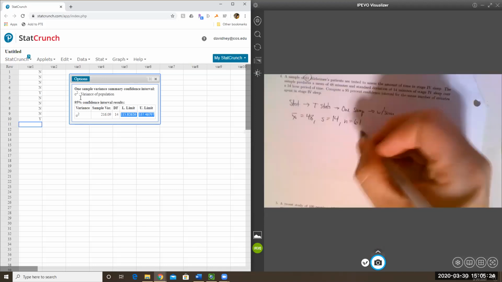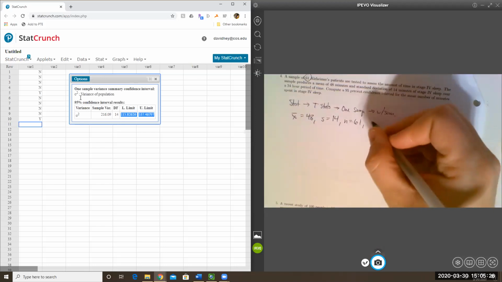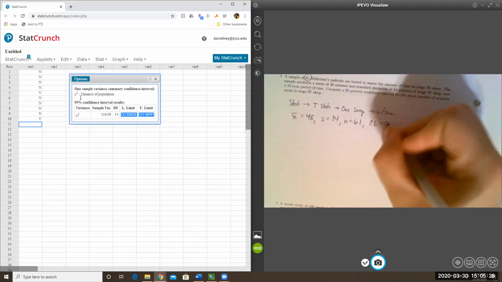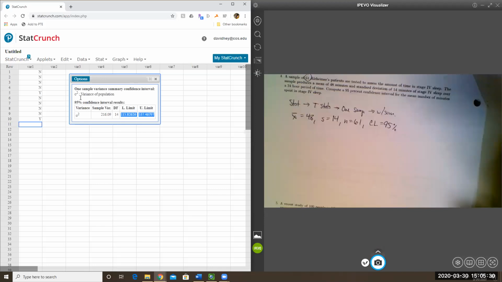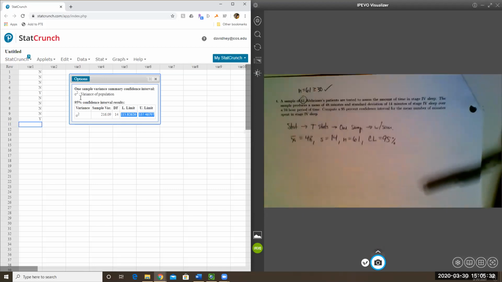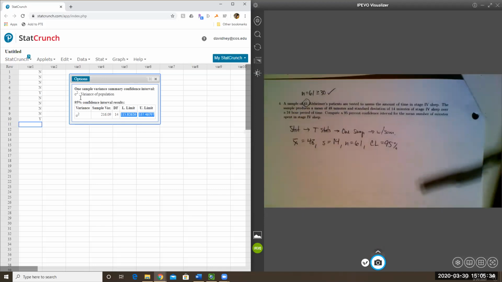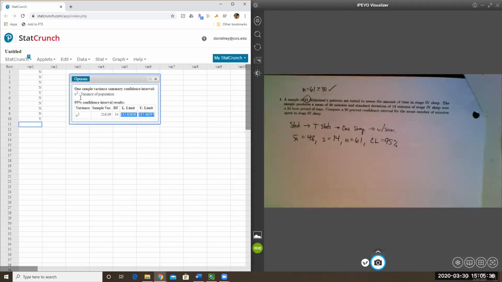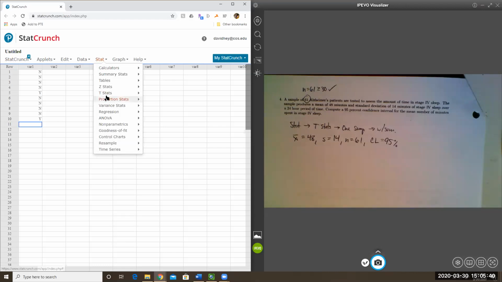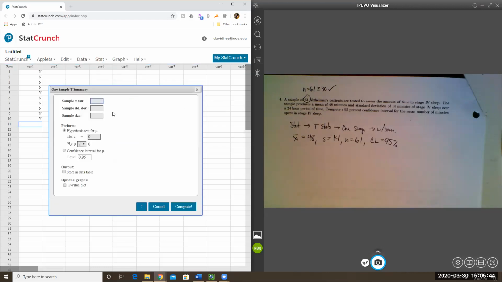And we need to tell it what confidence level we want. Okay, we want a 95% confidence level. Let's see what we get. So stat, t-stats, one sample with summary.